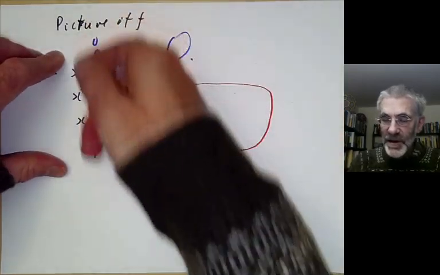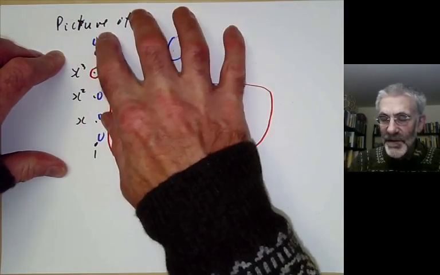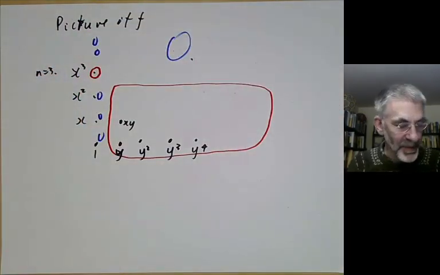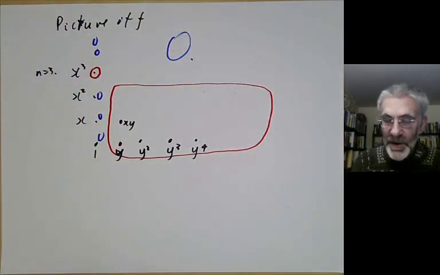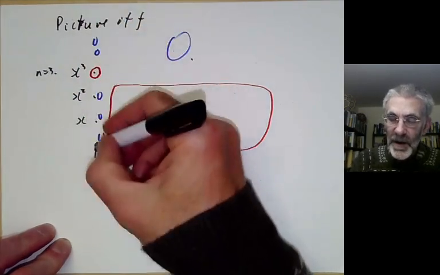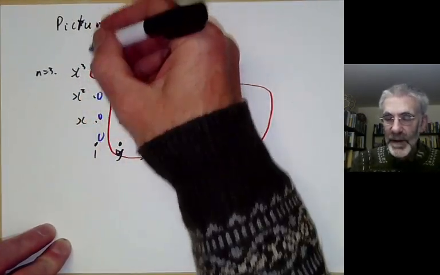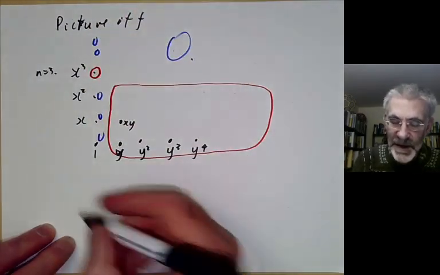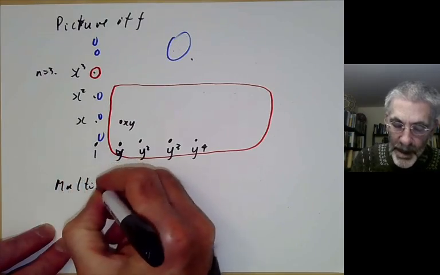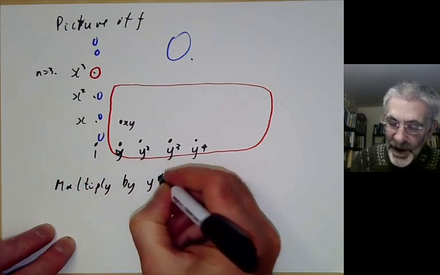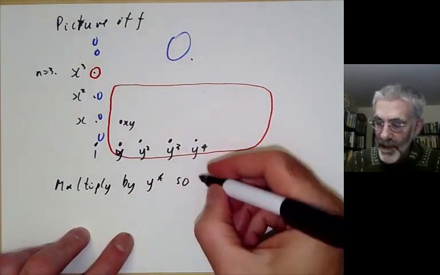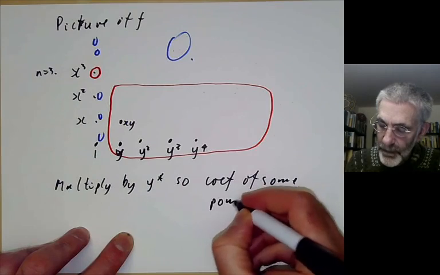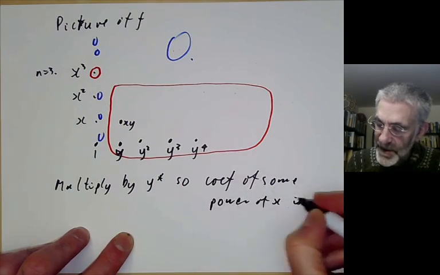We've initially got a polynomial with lots of non-zero coefficients everywhere, and we want to kill off all the coefficients in blue. And what we do is we start off by looking at the coefficients up here, and we want at least one of these coefficients to be non-zero. So we multiply by some power of y, so that coefficient of some power of x is not 0.